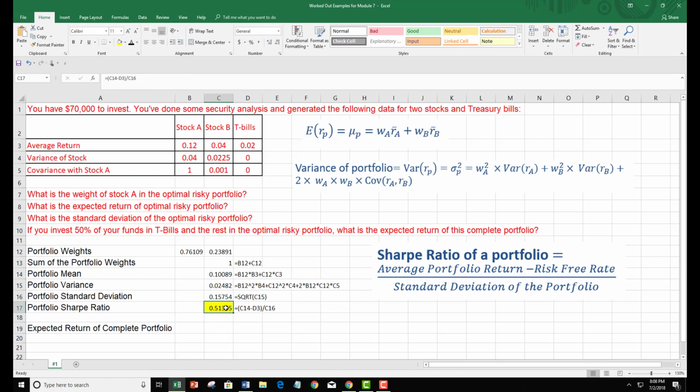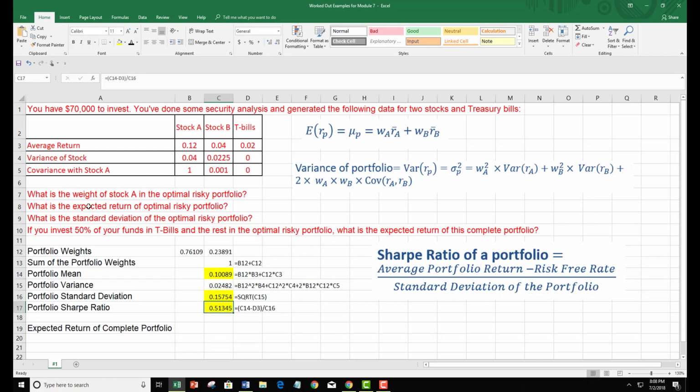So in order to generate this maximum Sharpe ratio, the portfolio weight right now is 0.76 on stock A and 0.238 on stock B. So these are the portfolio weights associated with the optimal risky portfolio, and whatever resulting portfolio mean is calculated, that is the optimal portfolio mean, and whatever standard deviation you have computed, that is the optimal portfolio standard deviation. So in a way, the result gives you the answer to all of these questions.